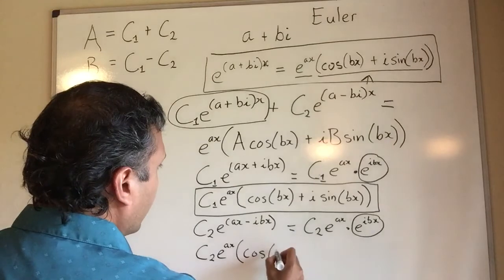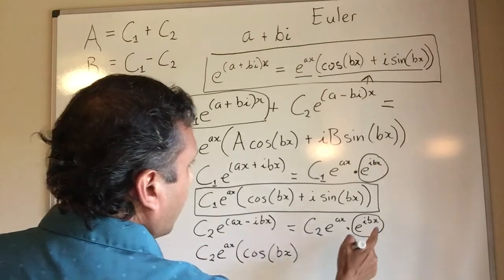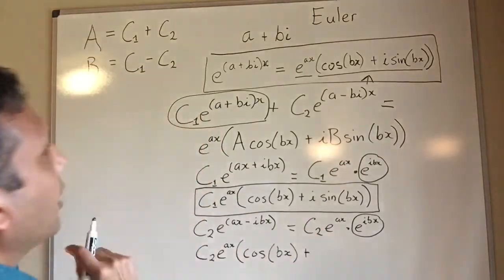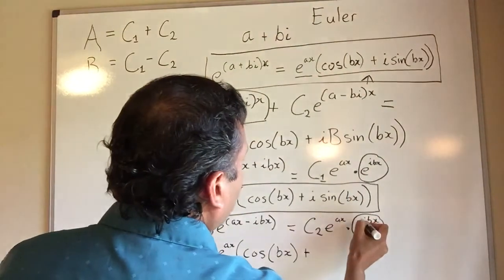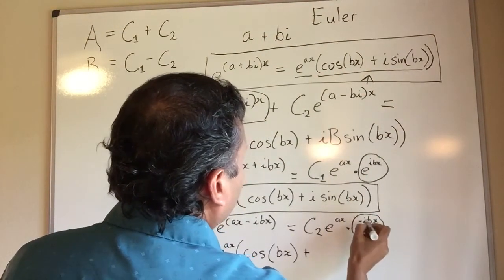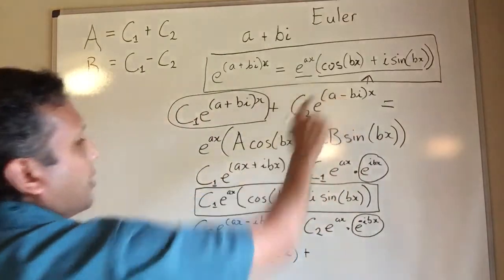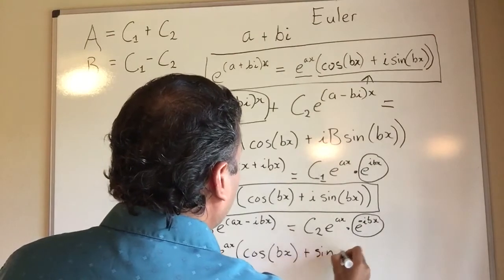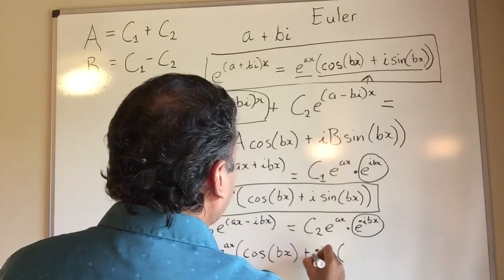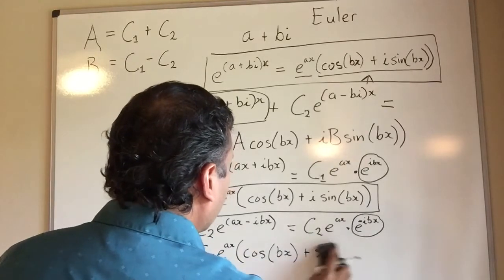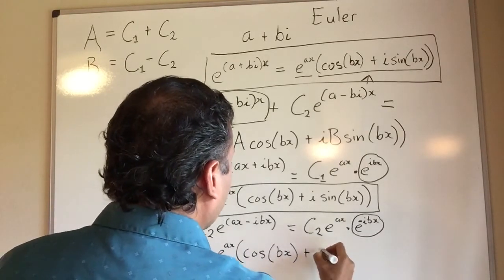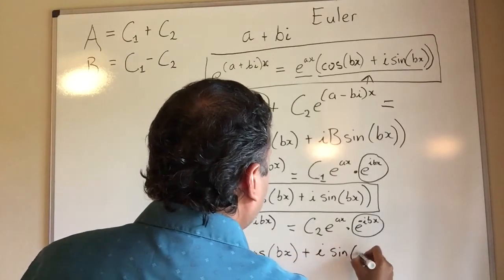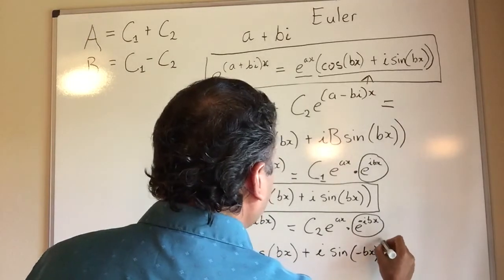So it becomes cos bx plus, oh, I forgot. I needed to put the minus sign here, because this one has a minus sign, it's not positive. So it's plus i sine, the i comes out, i sine minus bx. Then I close the parentheses.